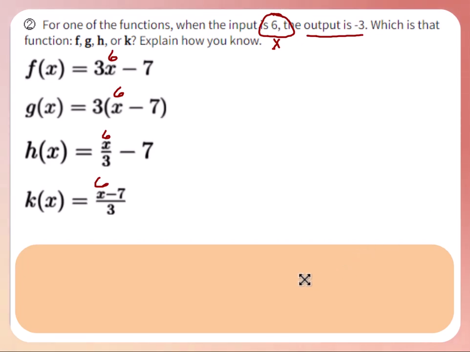All right, you might want to pause right now, work through these, and see if you can find a function, either function f, g, h, or k, where the output is 3.